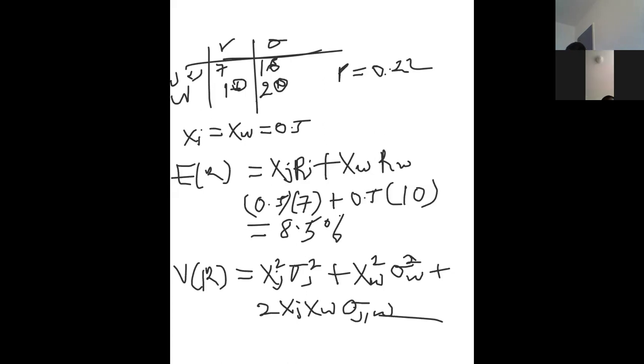Okay, so we are now looking for the variance, and we know the correlation now. In the question we were given correlation, but we know that correlation is the same as what?